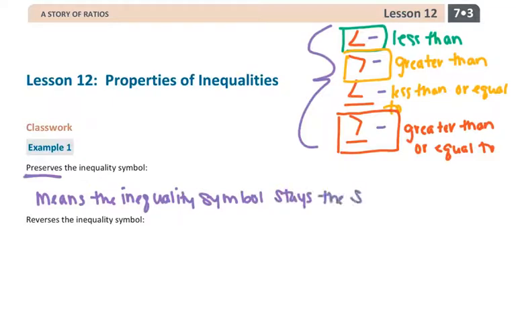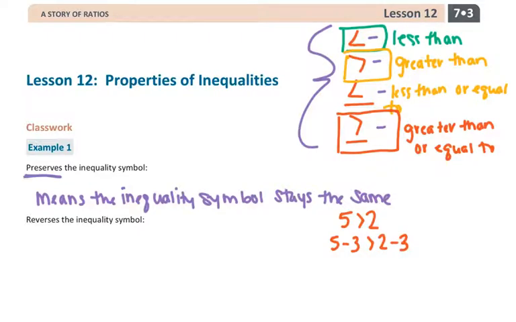And I want to give you a really quick example of what that might mean. For example, if we see something that says 5 is greater than 2, that's a true statement. Now, if we choose to subtract 3 from both sides, 5 minus 3 is greater than 2 minus 3, keeping our inequality symbol the same.